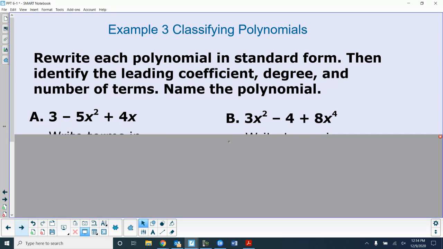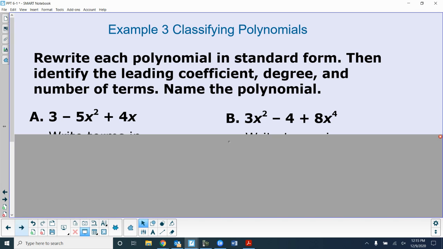All right, so put it in the right order, Robert. This would be negative 5x squared plus 4x minus 3. Yeah, don't forget the minus in front of the 5. So negative 5x squared. That's the correct order, all right? That's what we call standard form, biggest degree down to the smallest. Then it says, what's the leading coefficient on them? Once you put it in the right order.